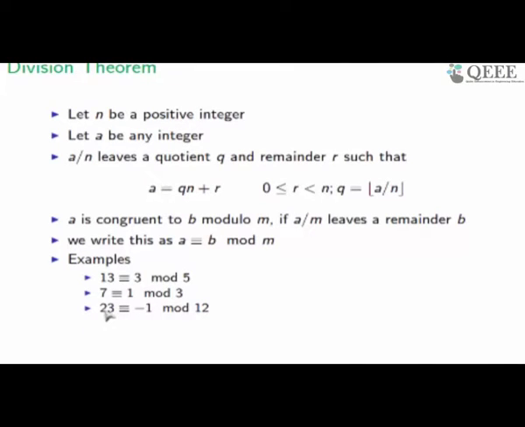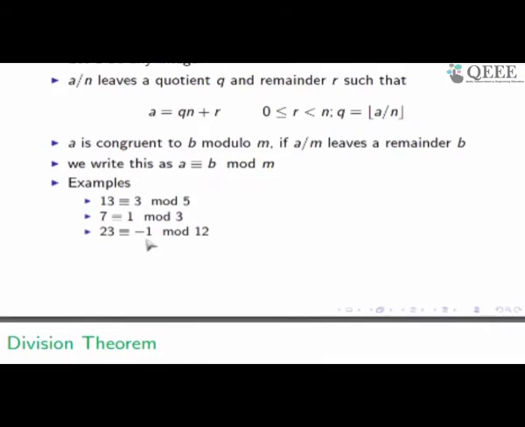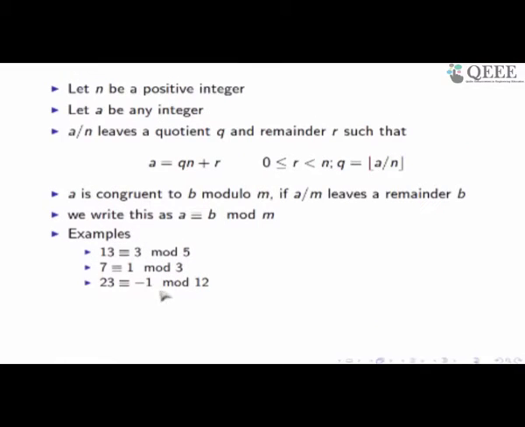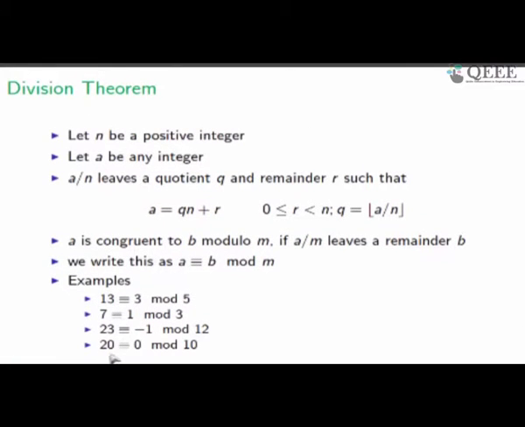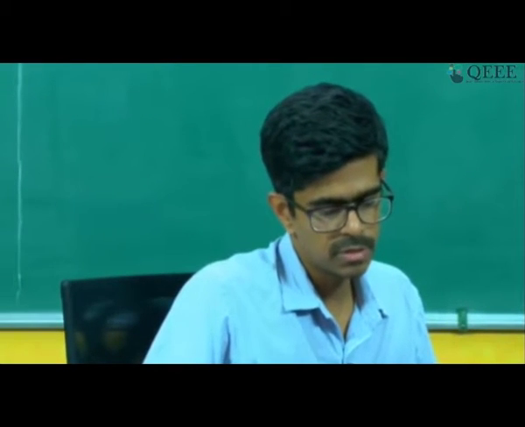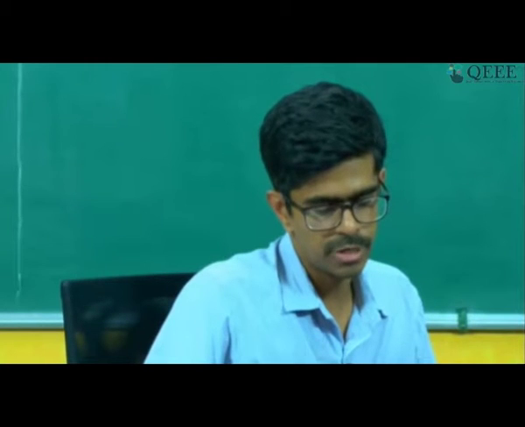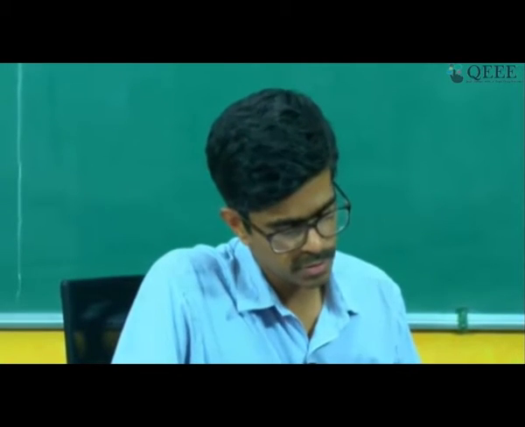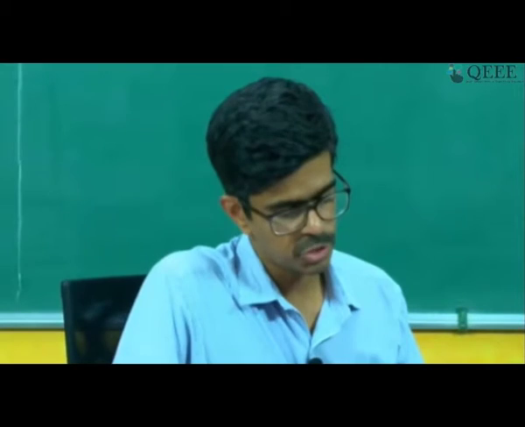So 23, when it's divided by 12, it leaves a remainder of minus 1, that is, it leaves a remainder 11. So you can write 11 as minus 1 mod 12. And the last case, when you take 20 divided by 10, it leaves a remainder of 0. So we state this as 20 is congruent to 0 mod 10, or 10 divides 20.